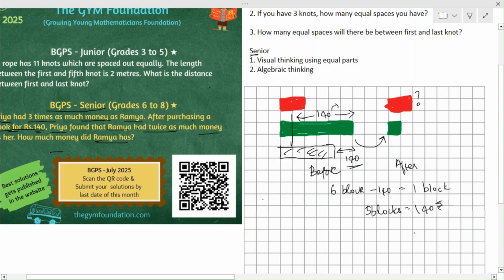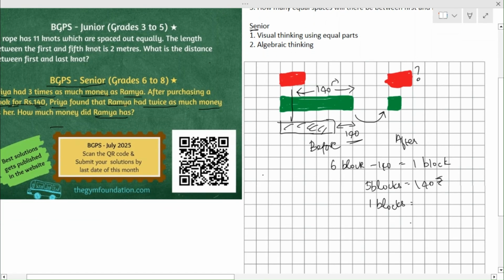So if 5 square blocks is 140 rupees, what is one square block? It is basically the same chocolate example I used to tell everyone. So if 5 chocolates cost rupees 10, what does one chocolate cost? You basically divide 10 by 5, right? So here again, you basically divide 140 by 5, and that will be 28.